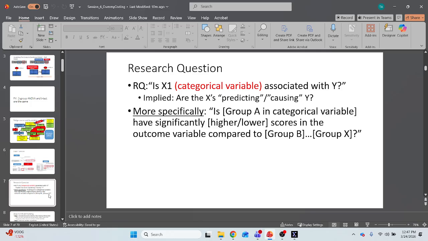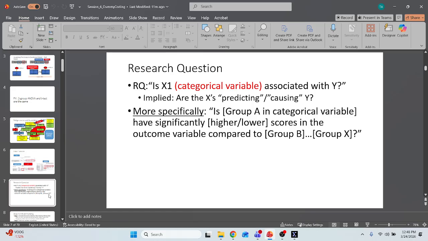We are still saying that your inclusion in that group is causing your outcome variable. You being a male or a female is causing you to have this particular audit score. But we have to be more precise in our wordings here, all right? We have to be more precise in our wordings.